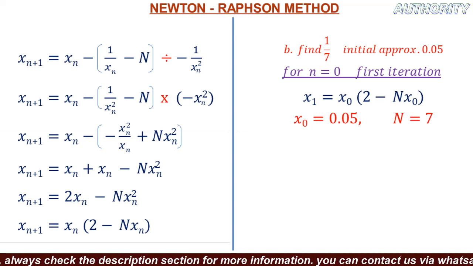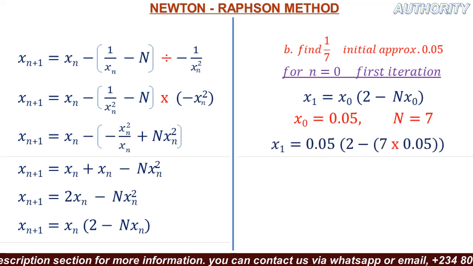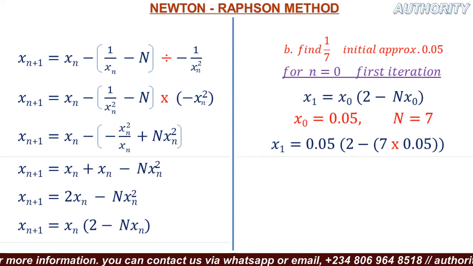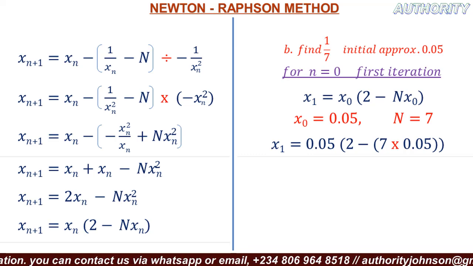Now let's put it in here, where we have x1 is equal to x0 open bracket 2 minus n x0, with x0 being 0.05 and n being 7. So x1 is equal to 0.05 open bracket 2 minus open bracket 7 times 0.05.